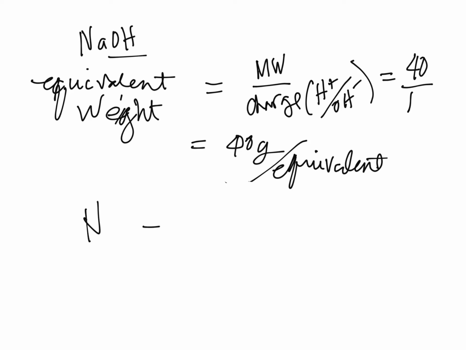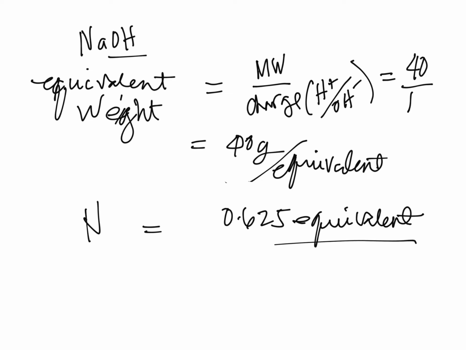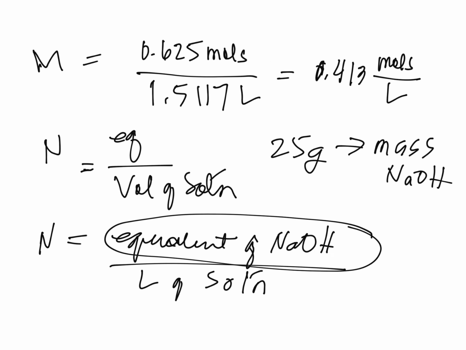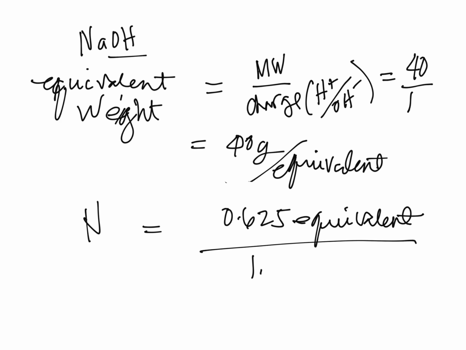Okay, so then the normality, that 0.625 gram, do we need gram? Not anymore, because we have already canceled it. Equivalent. Then the volume of the solution, which is 1.5117 liters.